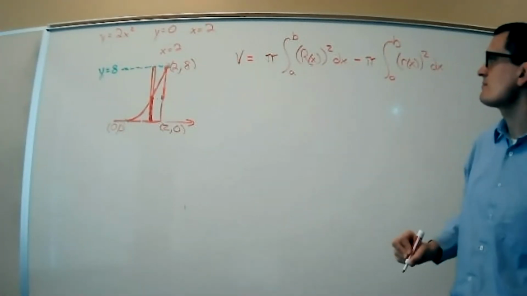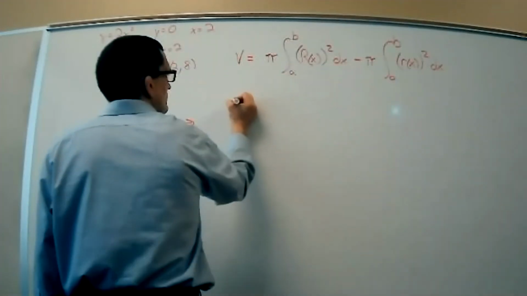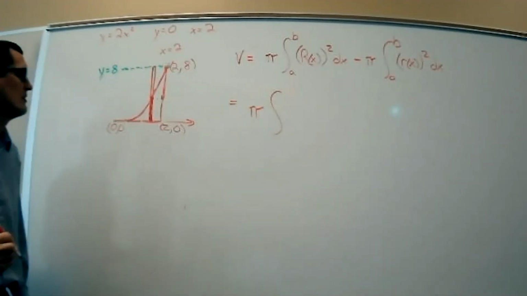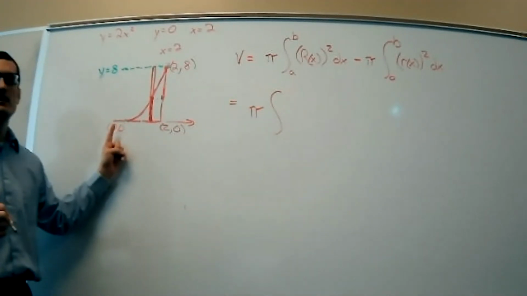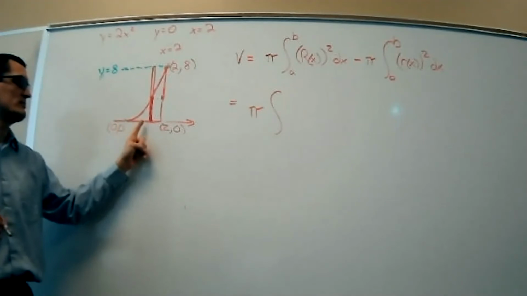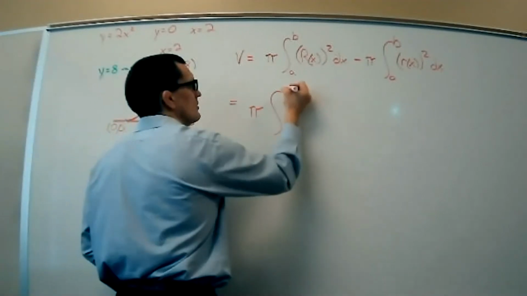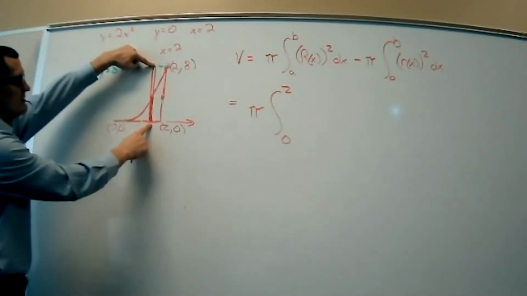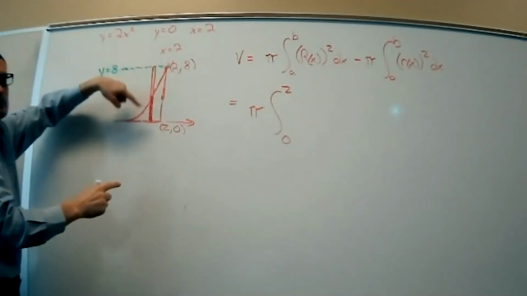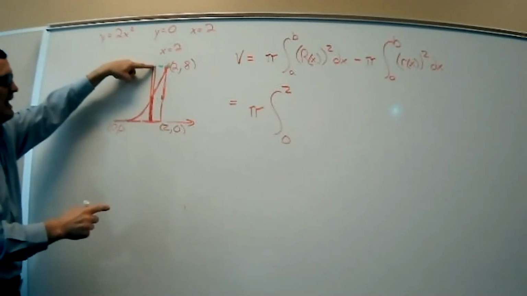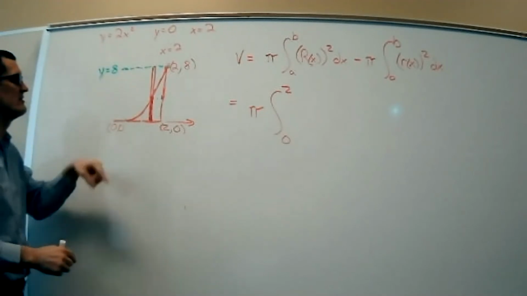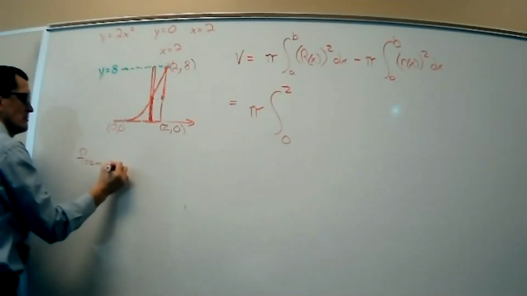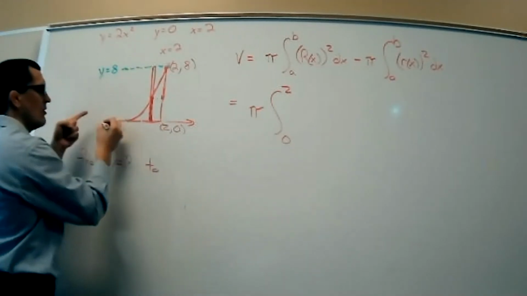Okay? All right. Again, I'm trying to speed up a little bit so that this doesn't bore you to death, but bounds, since we're dealing with x values, are going to go from 0 to 2. Bigger of the two rectangles goes, I usually do top to bottom. That way I get a positive radius. If you go top to bottom, you go from y equals 8 to y equals 0.